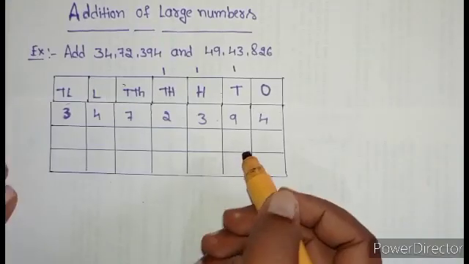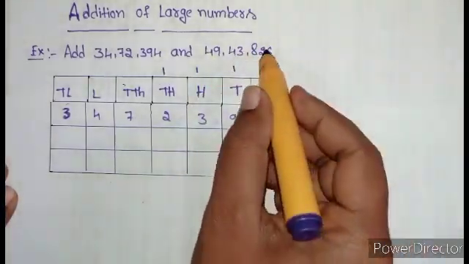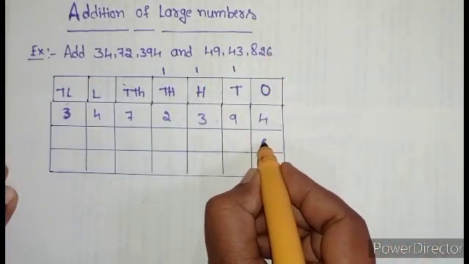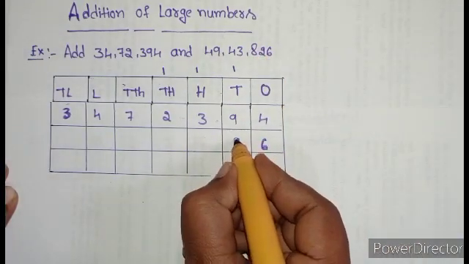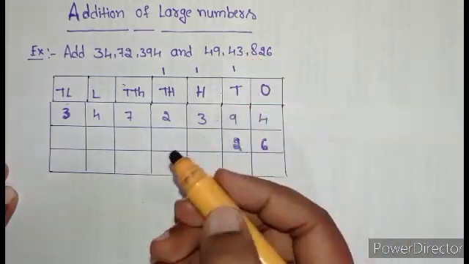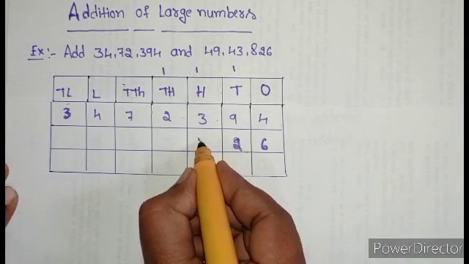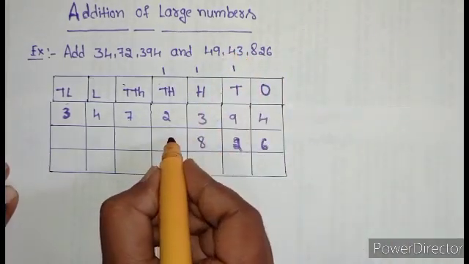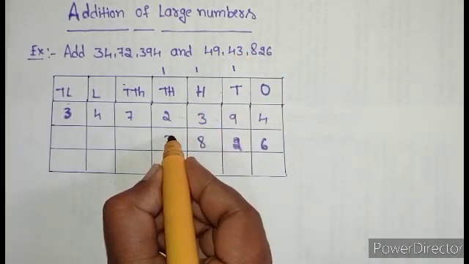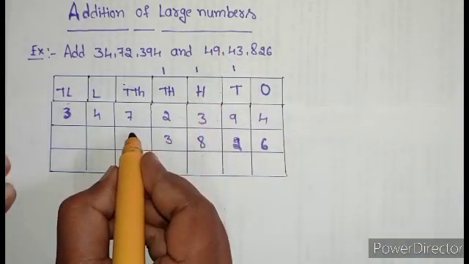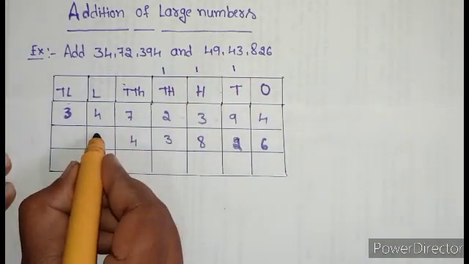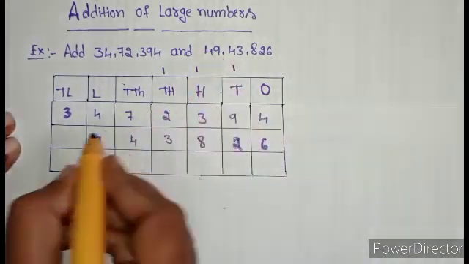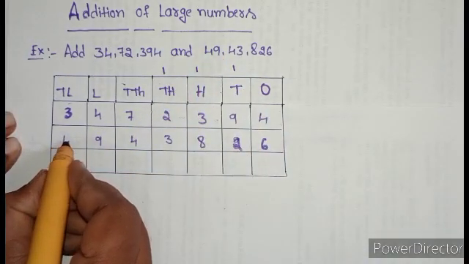Now I am going to add this number. 6 is in the place of ones, 2 is in the place of tens, 8 is in the place of hundreds, 3 is in the place of thousands, this 4 is in the place of ten thousands, 9 is in the place of lakhs, and 4 is in the place of ten lakhs.